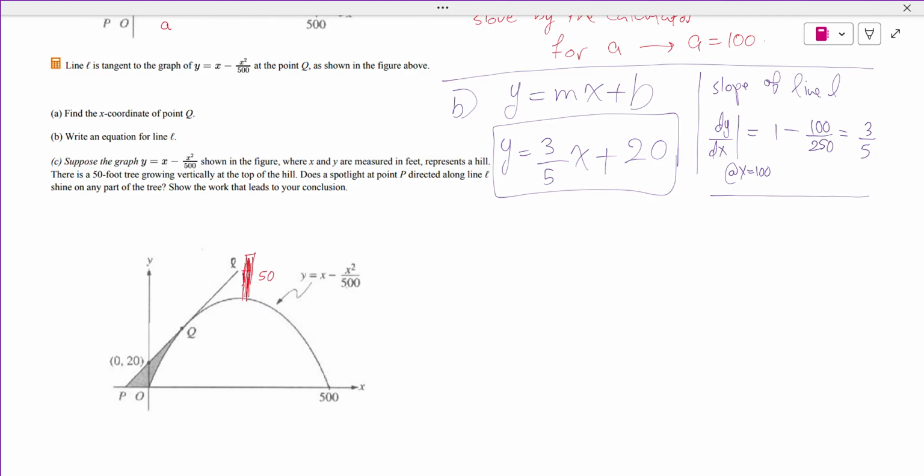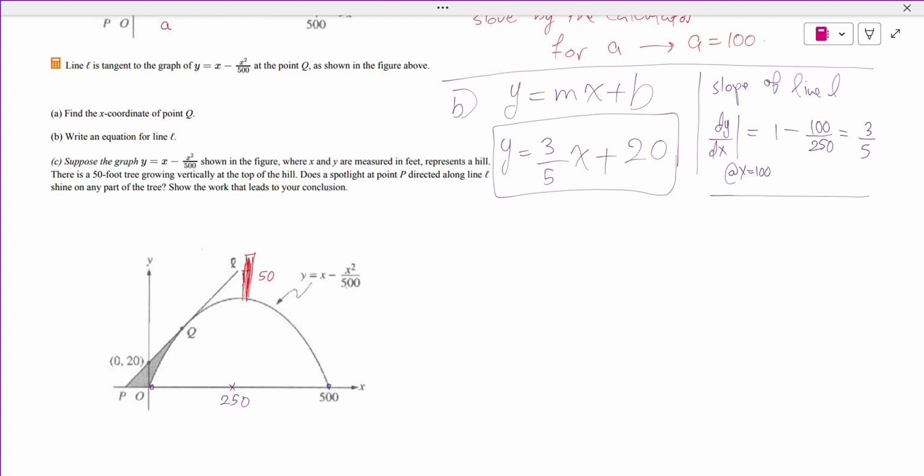Now, what is the height of the top of the hill? We know that here this point is 500, this is 0. The midpoint will be 250.